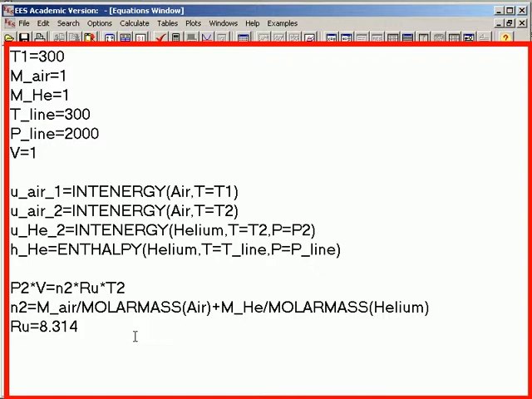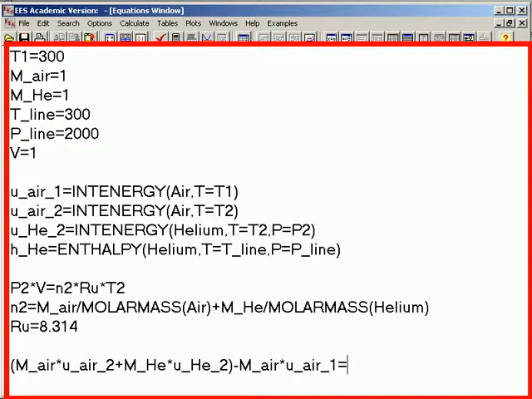But we still need one more equation to solve this problem, and that is the first law balance that we saw in the diagram window. So if we look at state 2, it would be the internal energy at state 2, which is the mass of air times the U of air at 2, plus the mass of helium times the internal energy of helium at state 2, minus now the internal energy at state 1, which was just the mass of air times the internal energy of air at state 1.